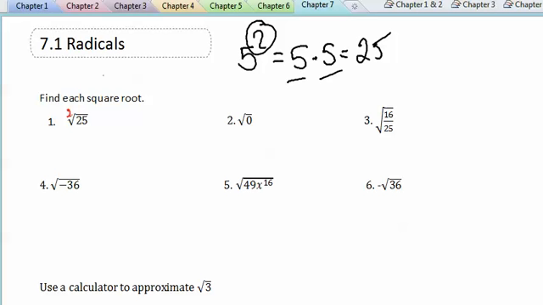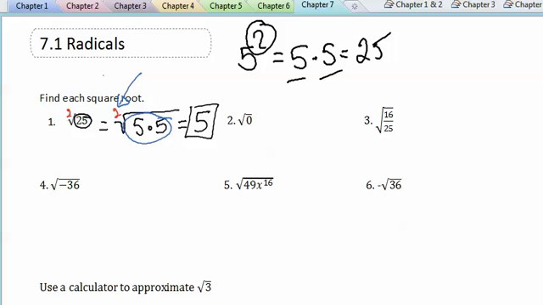Instead of squaring something, I'm looking for what number times itself will give me 25. So if I think about 25, it's 5 times 5. And looking at the index, 2, I'm looking for the pair. So there's one pair, so what times itself gives 25 is 5.